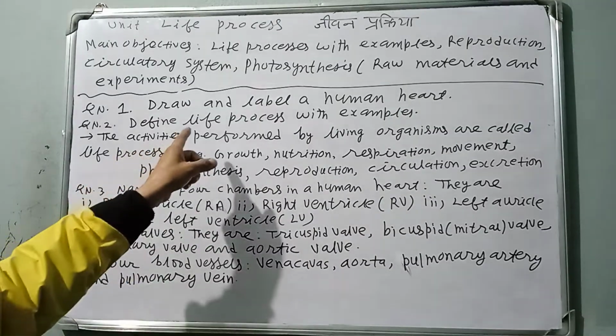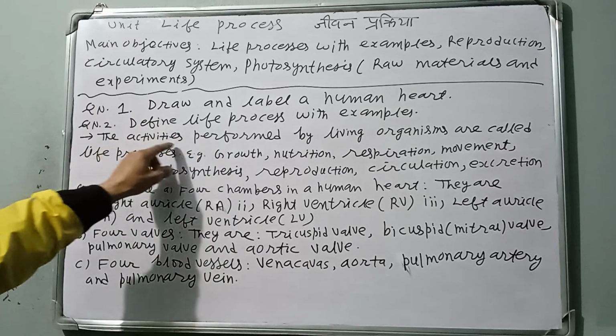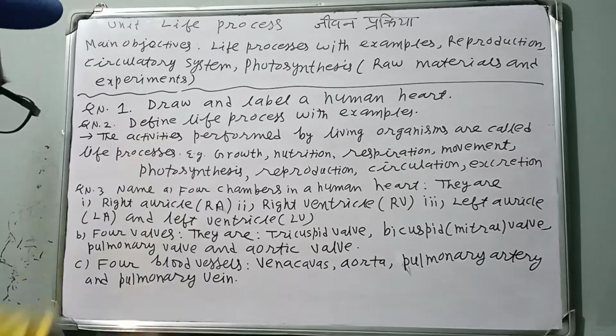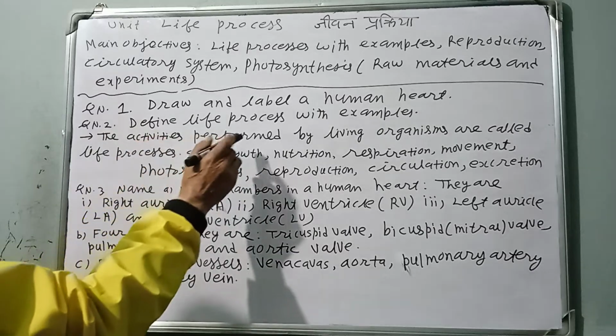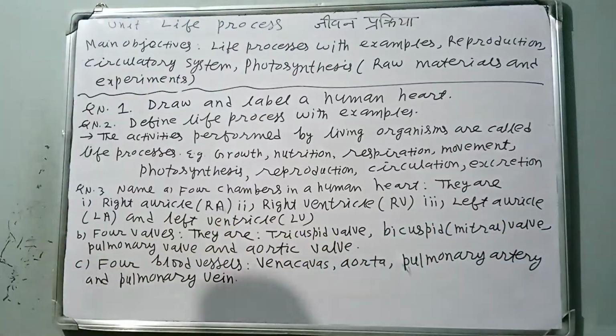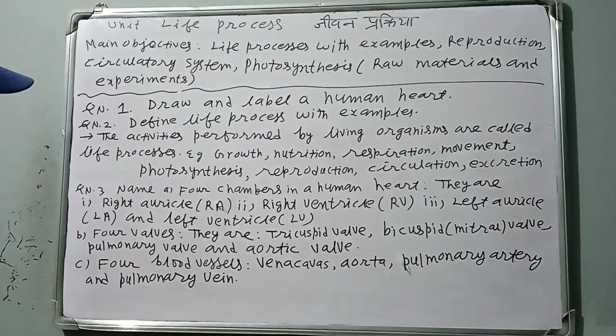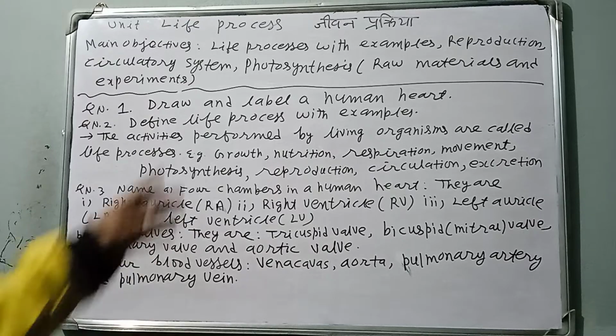So I'm writing the definition of life process, Jivan Prakriya. The activities or processes done, shown or performed by living organisms are called life processes. Without life processes, no living organisms can survive.